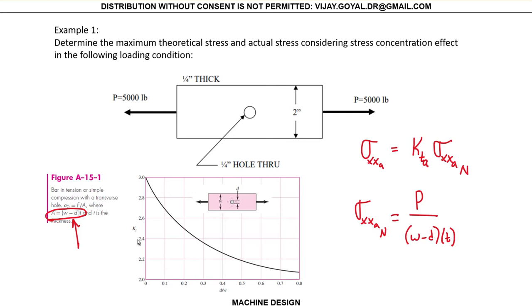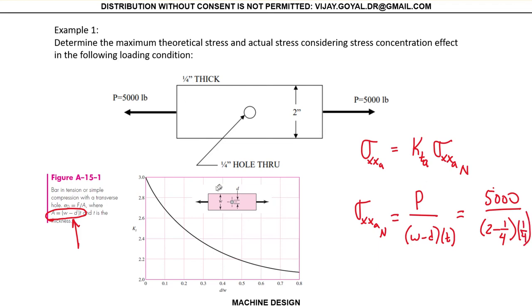Okay, so in this particular example, you have what your W is. Your W is 2, so this would be 5,000 divided by (2 minus the diameter, that's 1/4), and then the thickness is a quarter inch thick as well.